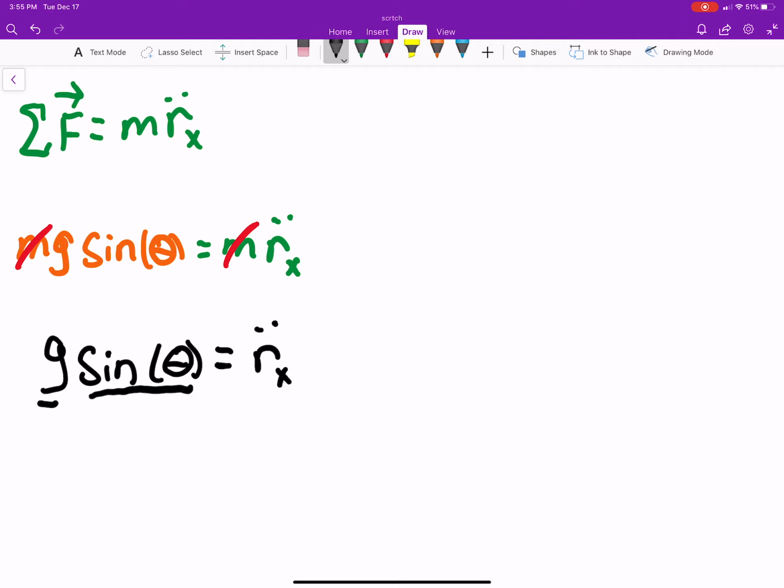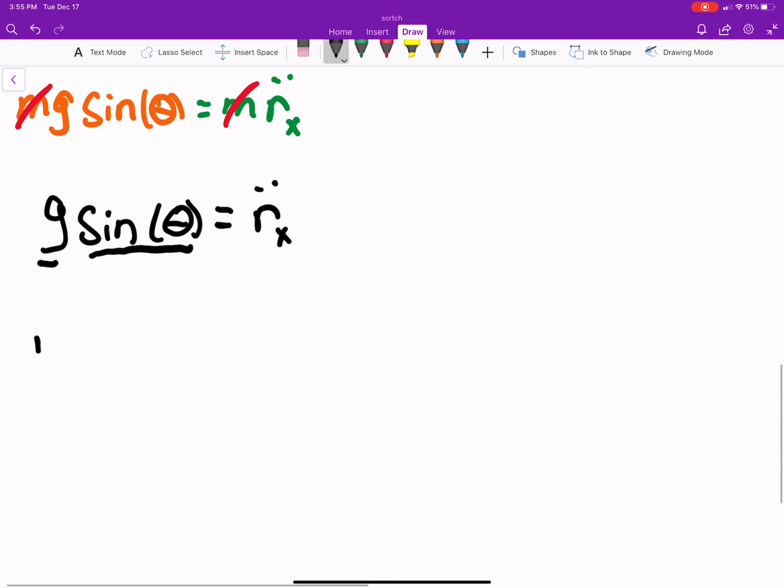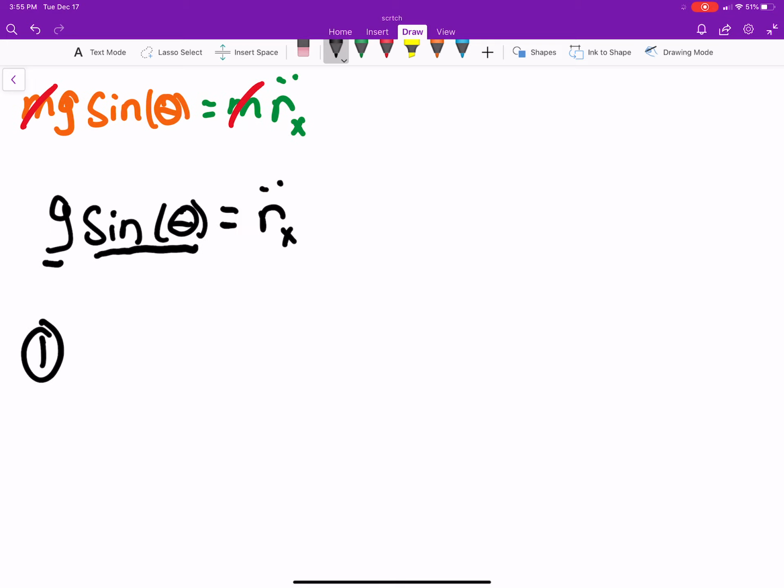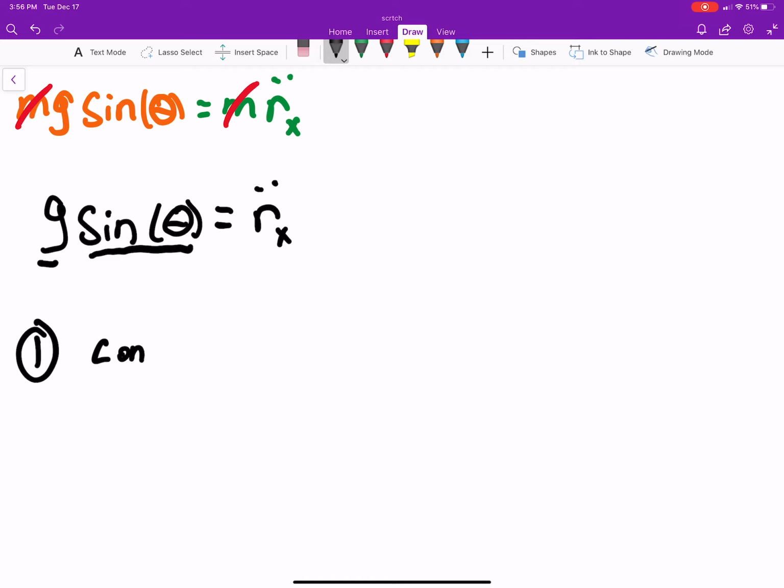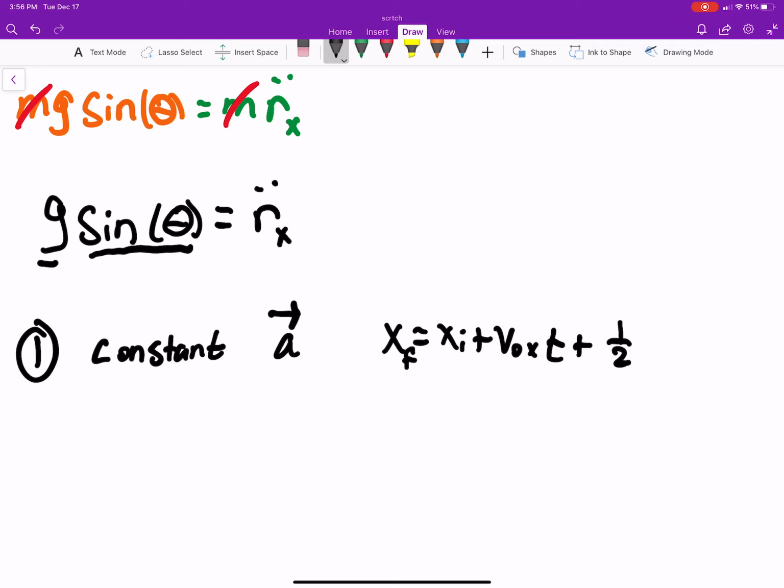So you could actually quite quickly just use kinematics as one way. So one way is just to use, by recognizing you have constant acceleration. And if you remember from kinematics, we know that x final is equal to x initial plus v naught in the x direction times time plus 1/2 a t squared.